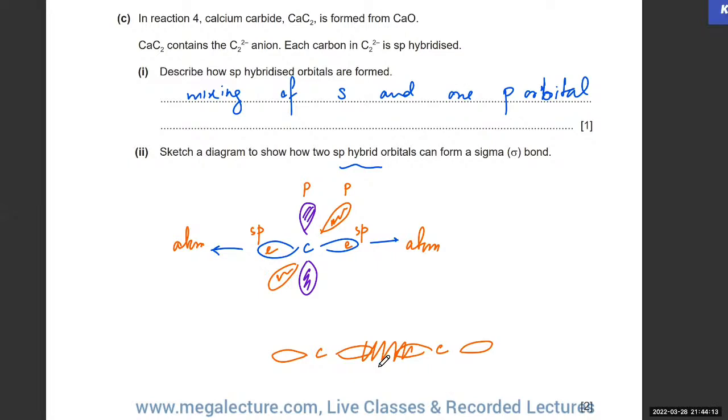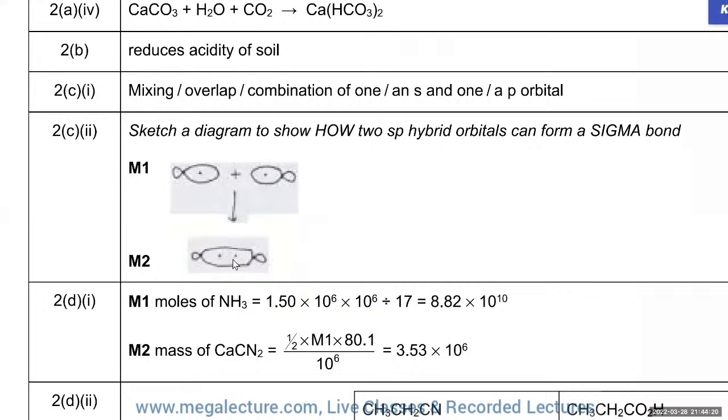This part is fine, there's nothing wrong with this. The electrons are now in the middle, and you have to show that the electrons are being pulled in either direction. So maybe you can show that before the bond was formed, they were pulling each other's electrons and they started overlapping in the middle.